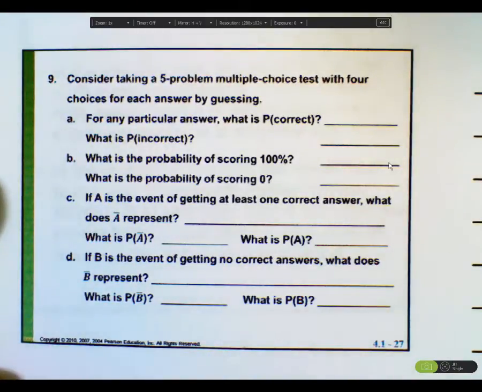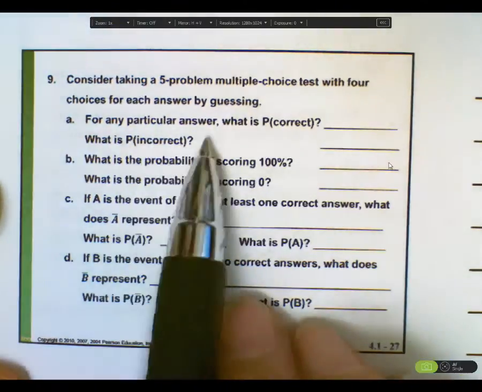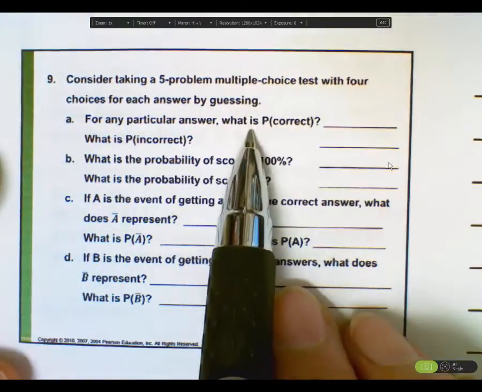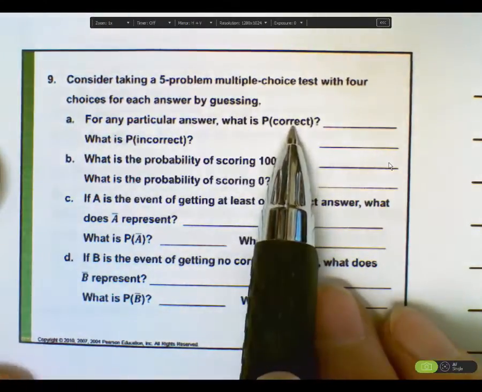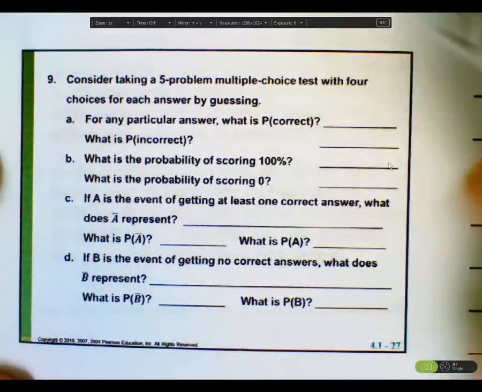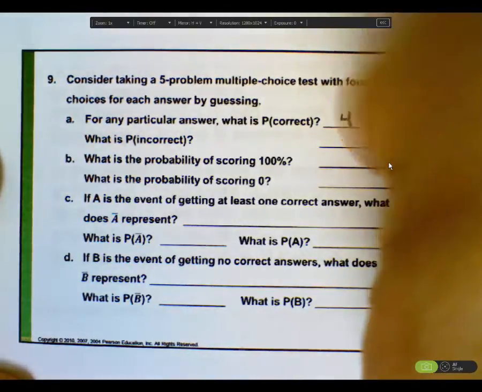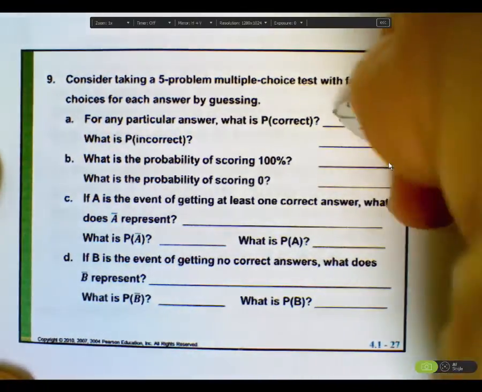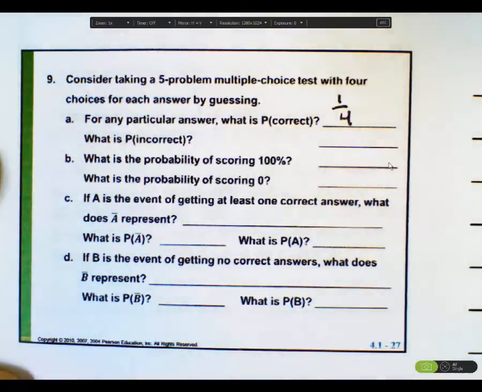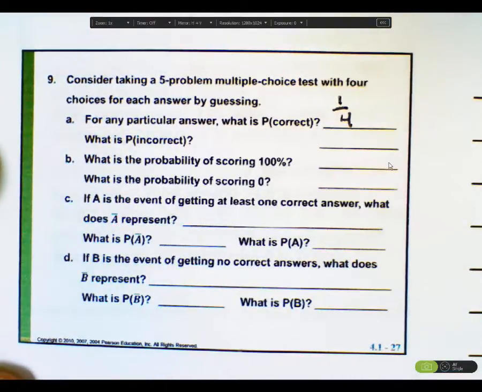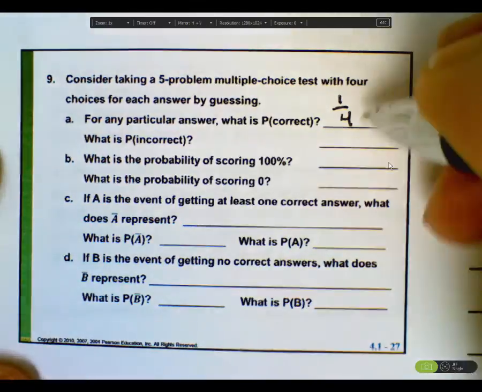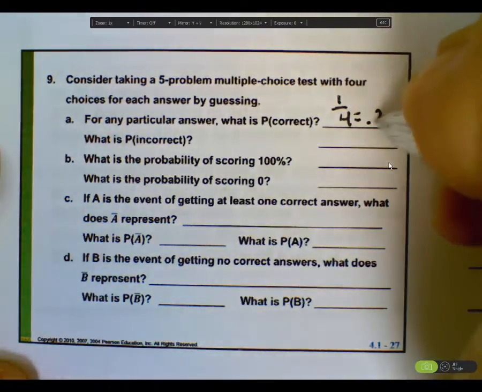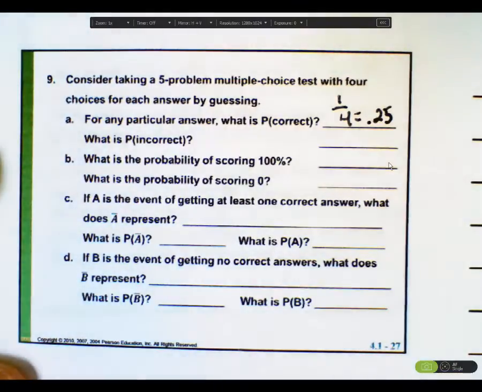There are 4 choices, only one of the 4 is the right answer. So for any particular answer, what's the probability of guessing correctly? Again, there are 4 possible answers, and only one of them's right. So the probability of guessing correctly on any particular problem is 1/4, or if you wrote it as a decimal, 0.25.